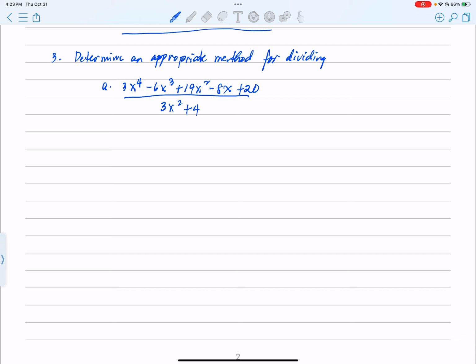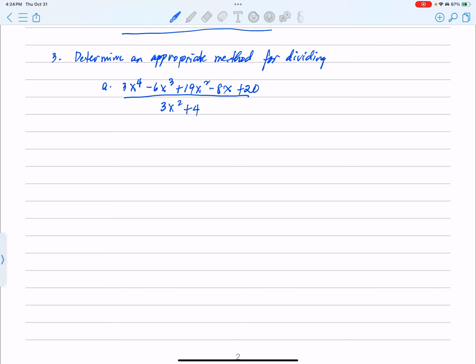The first thing we do is to make sure that the terms are in descending order. So 4, 3, 2, 1, okay, correct. They are descending. No terms are missing. The dividend is not missing any terms. But the divisor is missing an x term because we have 3x squared plus 4.